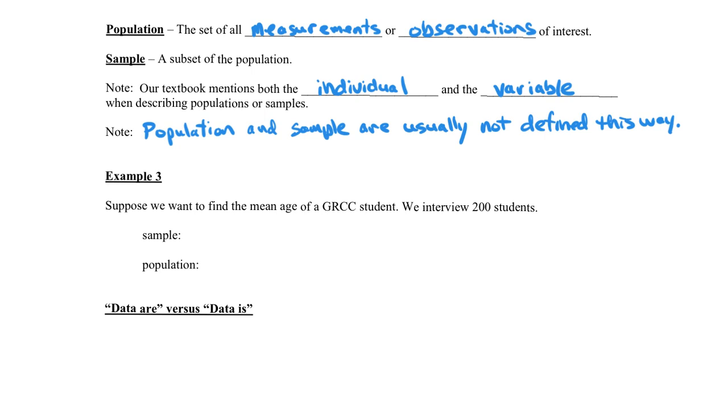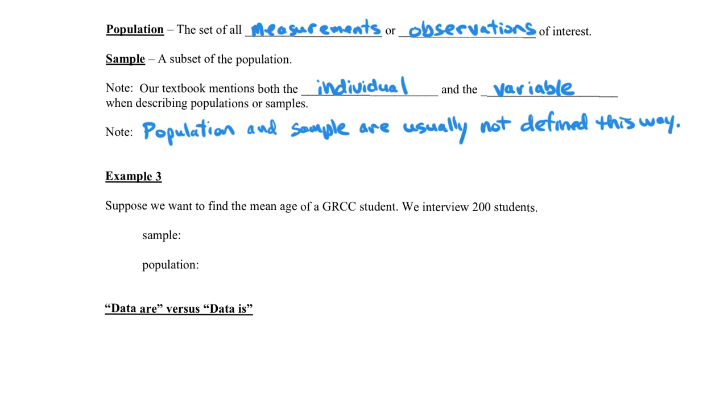So let's look at an example. Suppose you want to find the mean age of a GRCC student. So we take a sample and we interview 200 students. If the book asks us to define the sample in this situation, remember, when our author asks for the sample or the population, they want us to mention the individual and the variable.